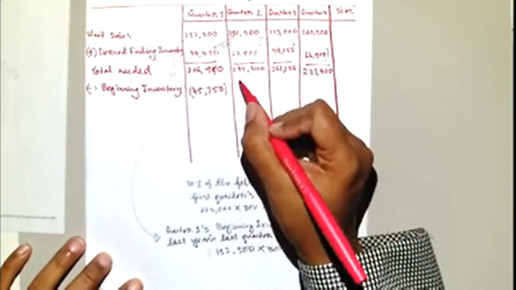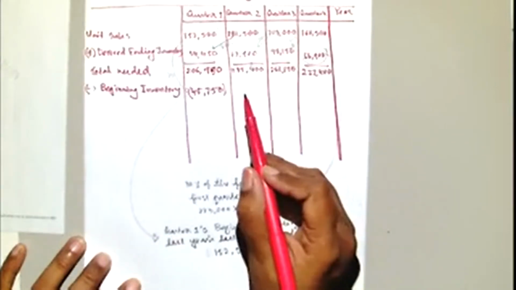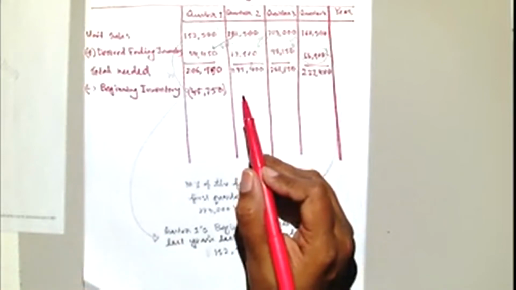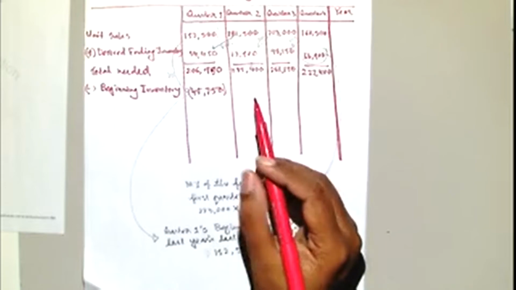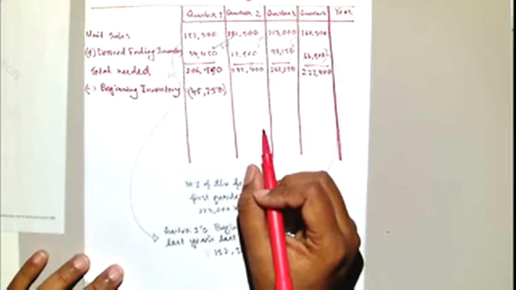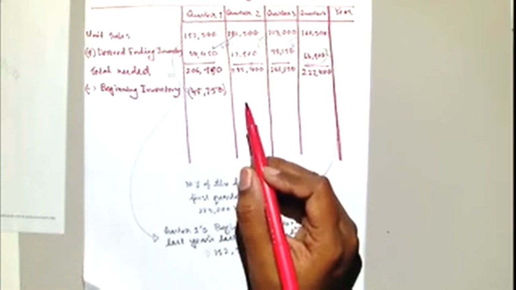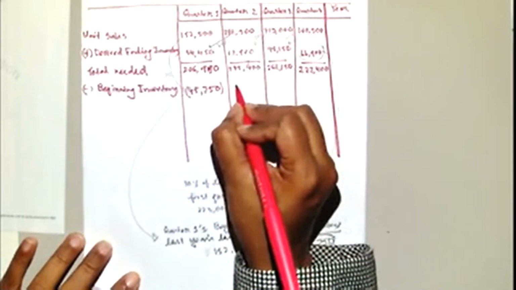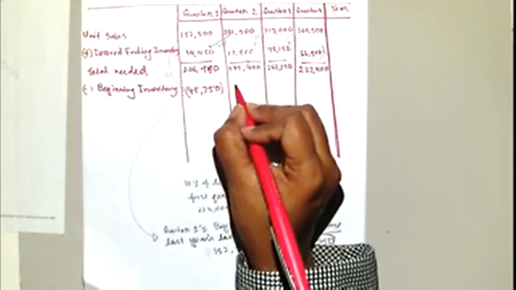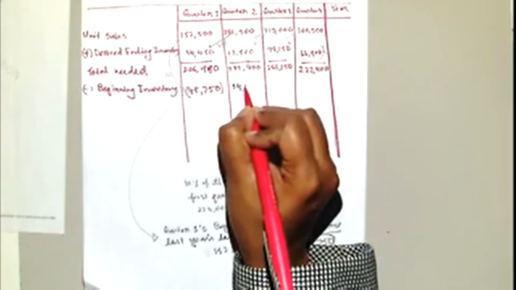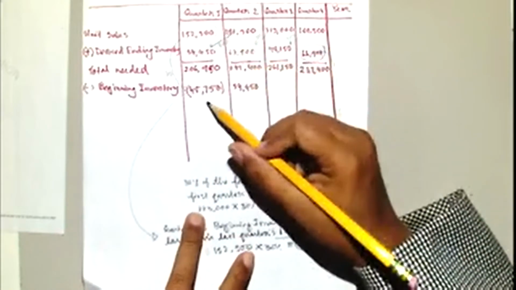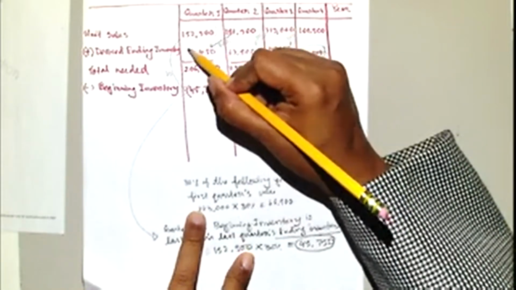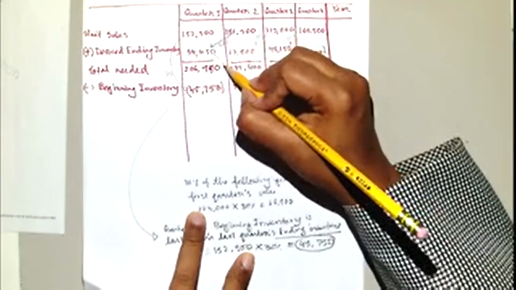Now, if you think of quarter two, what is your beginning inventory? Yes, please, Kyle. How did you get it? Can you repeat it? This is 54,450. Is that the number, Kyle? Because quarter two's beginning inventory means your last quarter's ending inventory.